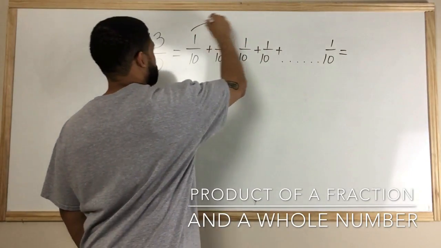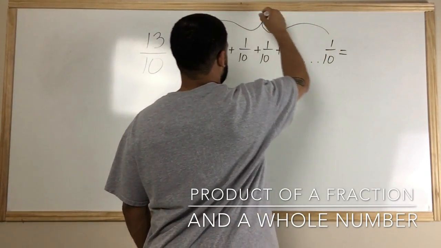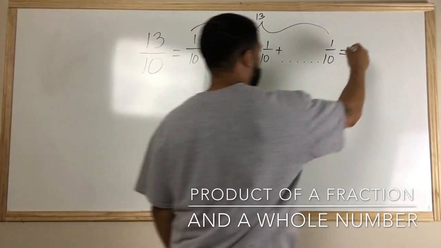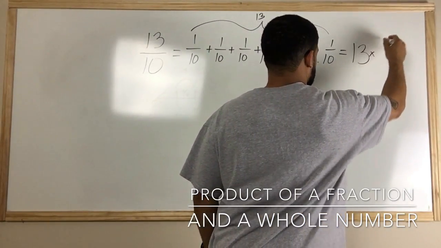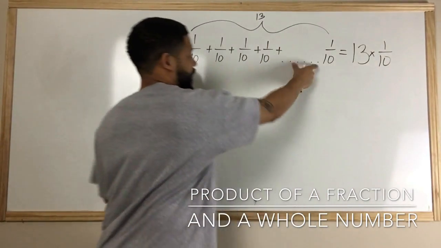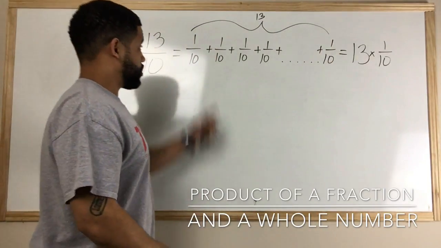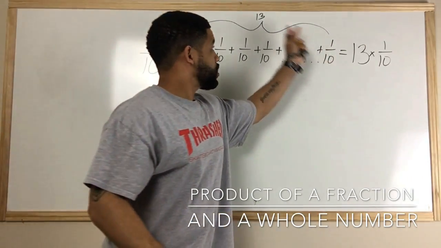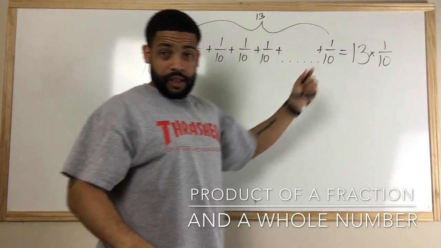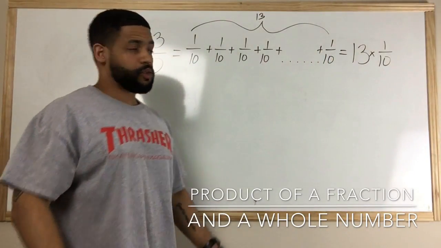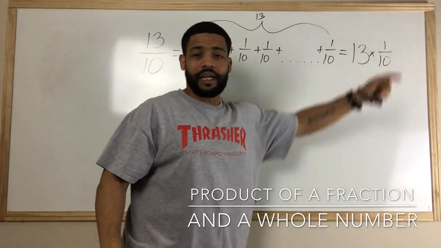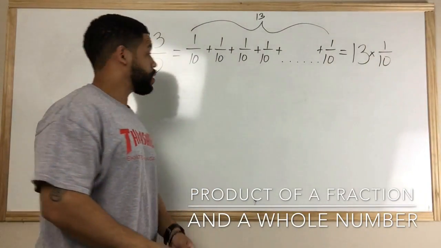We're going to pretend that this is 13 different 1/10 pieces. The dots mean I have 1/10 in there several other times, and it's a total of 13 1/10 fractions written out right here. So that's the same thing as saying 13 times 1/10, okay?